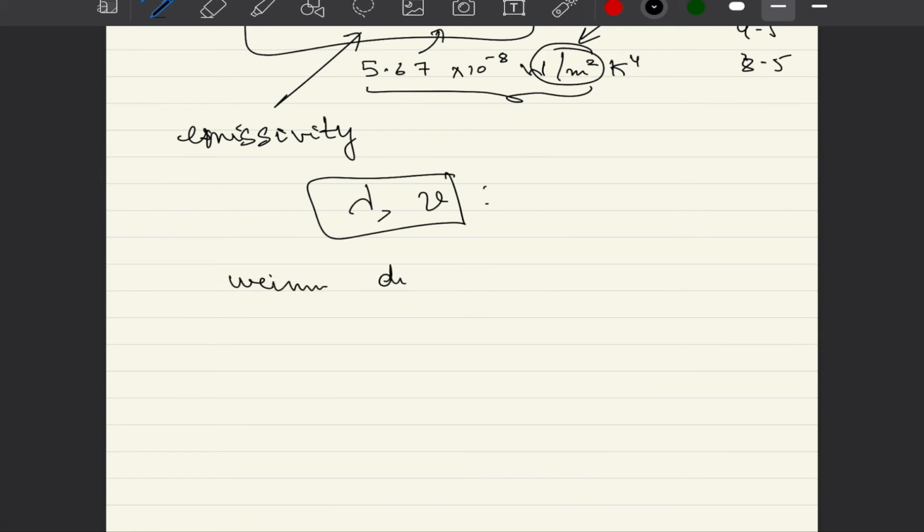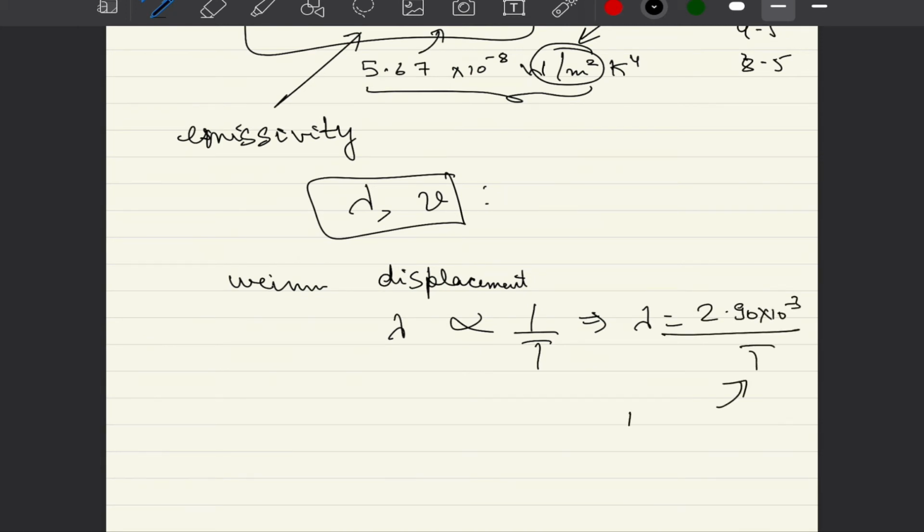Wien's displacement law states that the wavelength of emitted radiation is inversely proportional to temperature, and this is given by introducing a constant whose value is 2.90 × 10^-3 divided by T, where T is in Kelvin, and this is the constant, of course, and lambda is in meters. So with this, if a particular body is at a certain temperature, for example if we tell you the temperature of Earth, you should be able to calculate the wavelength of radiation that would be emitted.